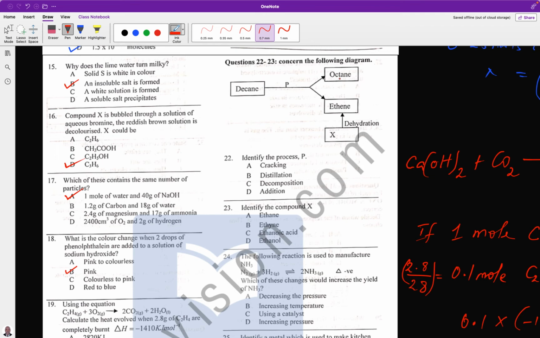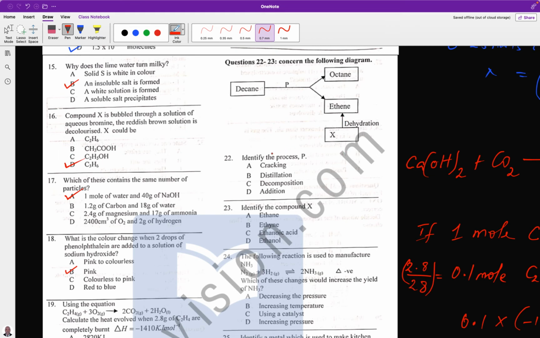Octane has 8 carbon atoms, an alkane. And ethene has 2 carbon atoms, and that is an alkene, not an alkane. And then X. So now a decane undergoes a certain reaction P to give octane and ethene. And the same X undergoes dehydration to produce ethene.